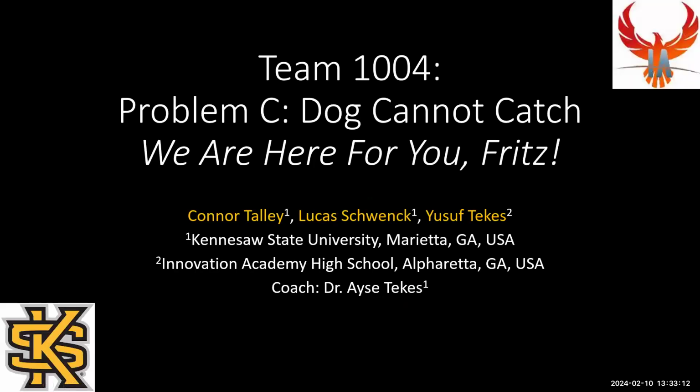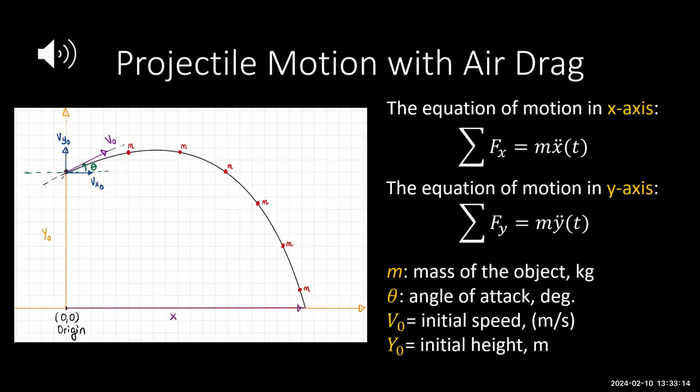Okay, cool. So we're talking about projectile motion with air drag and the different steps involved in getting the air drag. We start first with the horizontal equation, because horizontally it's actually quite simple. You only have one velocity direction, so the drag is always going to be in the opposite direction of your velocity.